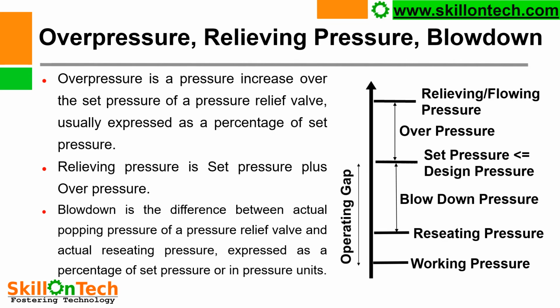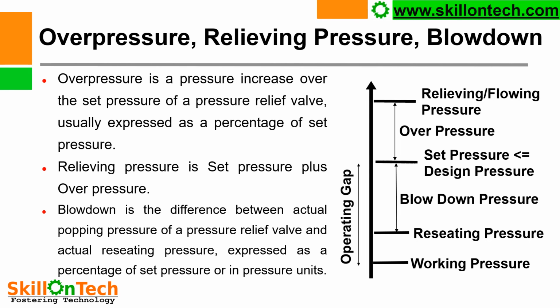Overpressure, relieving pressure, blow down. Overpressure is a pressure increase over the set pressure of a pressure relief valve, usually expressed as a percentage of set pressure. Generally, the safety valve set pressure is 10% more than the operating pressure.